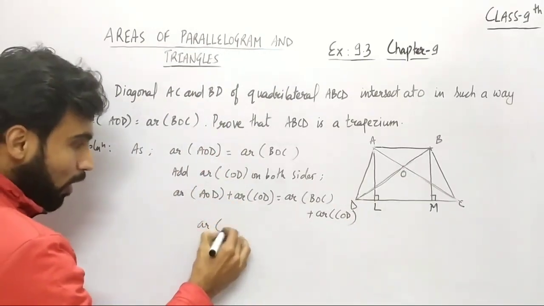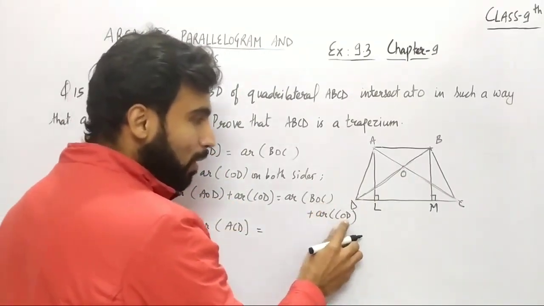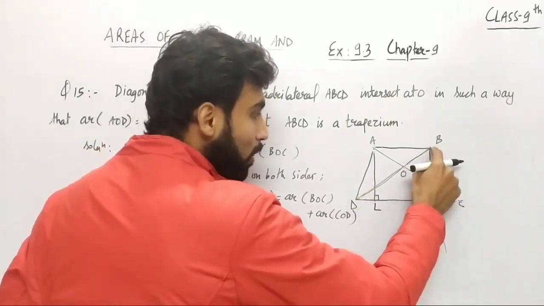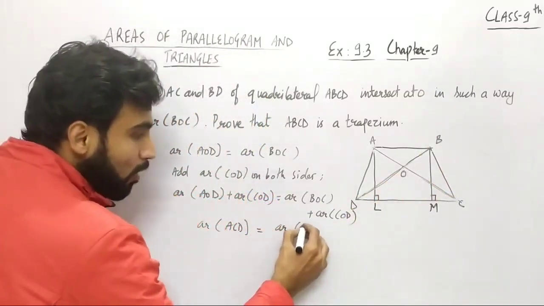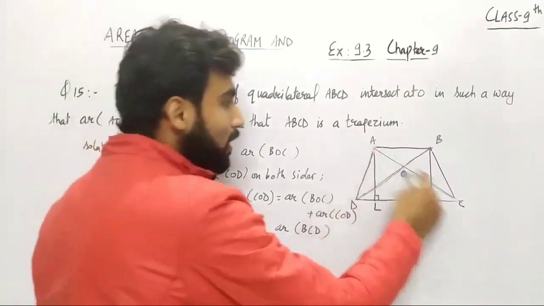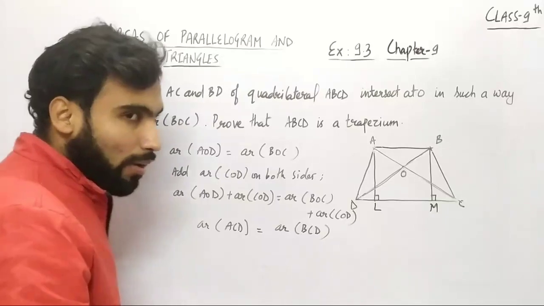So that will form area of triangle ACD equal to, now you can see BOC plus COD, that will be BDC or BCD, right? So that will be BCD. Now you can see as we have got ACD and BCD triangles area equal here, right?